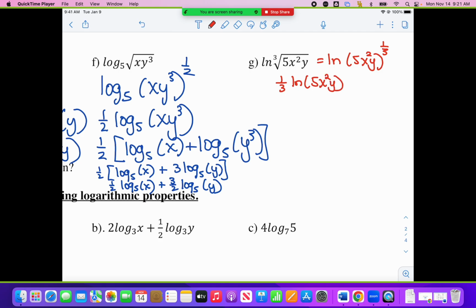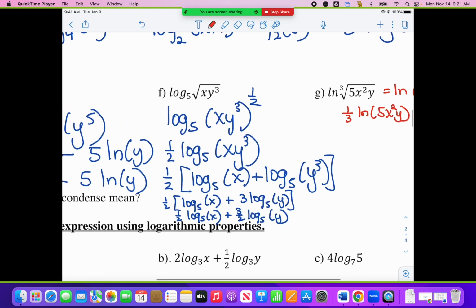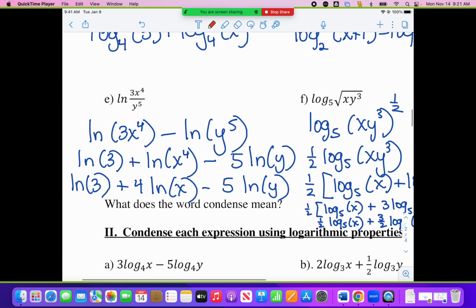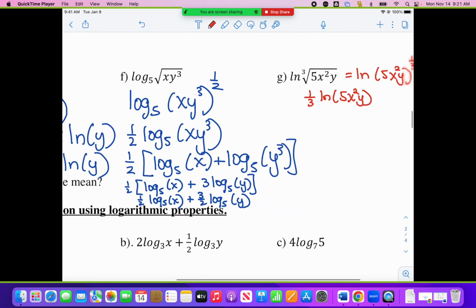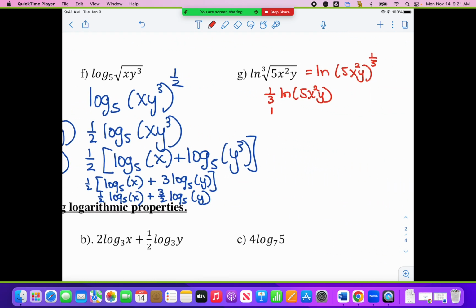So when you are expanding, you do the power rule first. Let me say that again. When you are expanding, you do, well, as long as it's everything to a big power. That's not true in letter E. I don't do the power first in letter E because it wasn't all to that power. All right, now I'm going to expand the product.